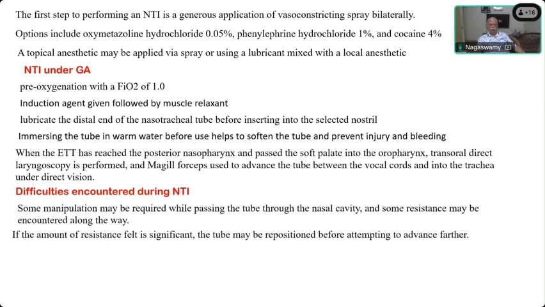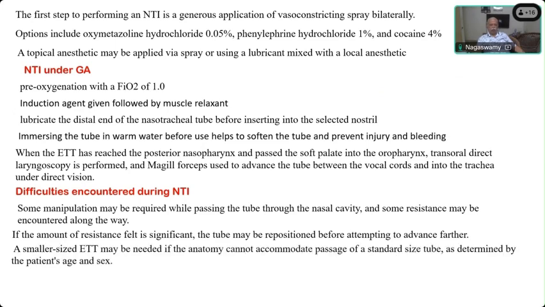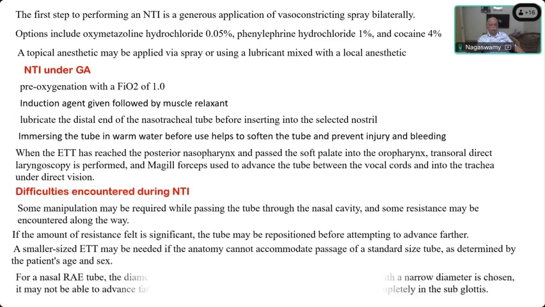If the resistance is significant, you have to reposition or rotate the tube, as correctly told earlier, or you can try the other nostril, or you can go for a smaller size ET tube if needed. Don't ever force the tube with too much power, otherwise you may cause a lot of bleeding and damage.